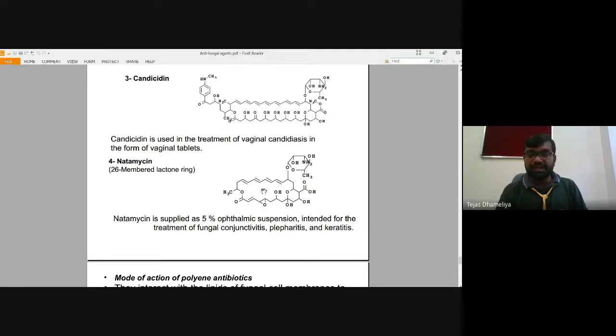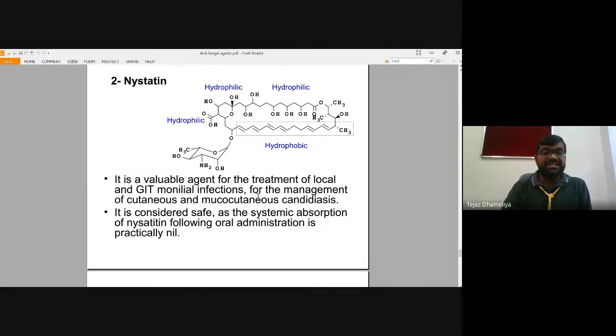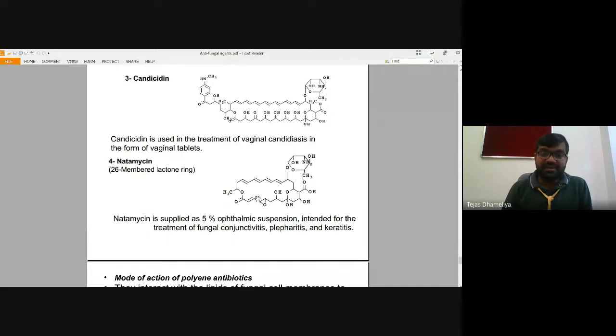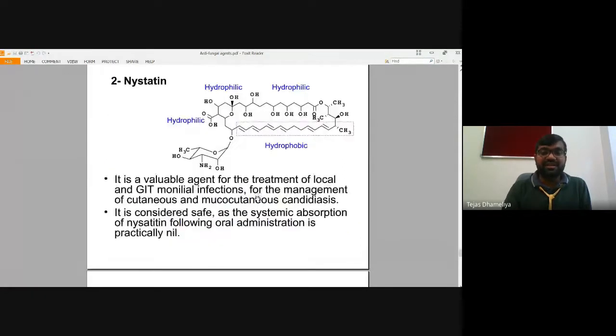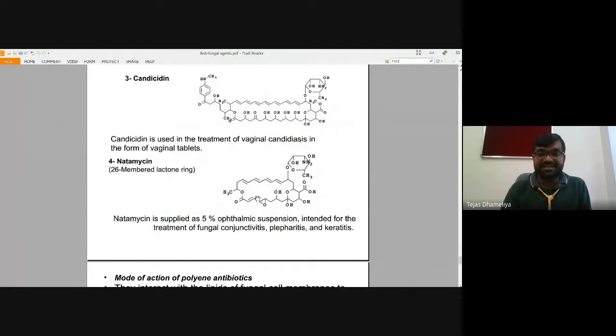How many double bonds? 1, 2, 3, 4, and 5, pentaene. All of them are polyenes, but if we ask for hexaene, then it is nystatin. If we say pentaene, then it is natamycin. If we say heptaene, then it is amphotericin. And if we say octaene, then it is candicidin.